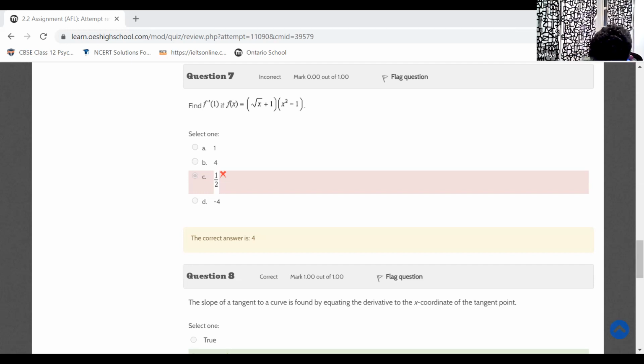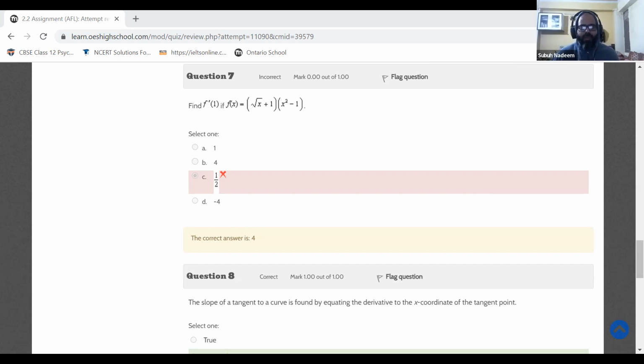Then x square into x raised to minus 1 by 2, with half as the constant that you keep as it is. And x to the power 2 into x to the power minus 1 by 2: the power is 2 and minus 1 by 2.